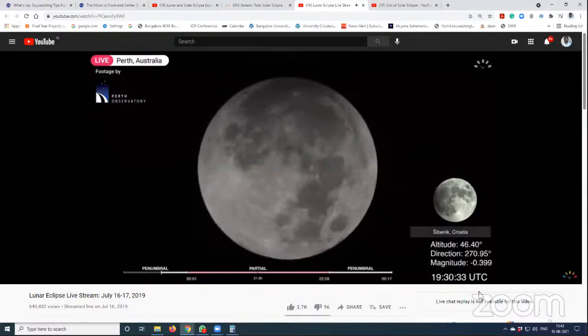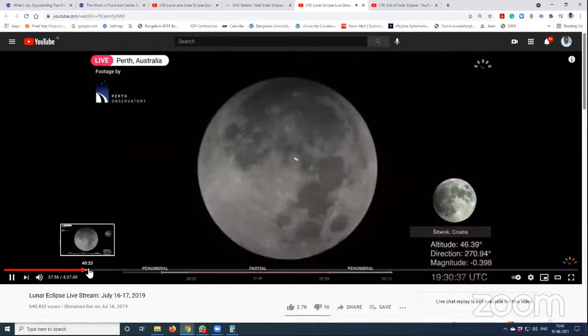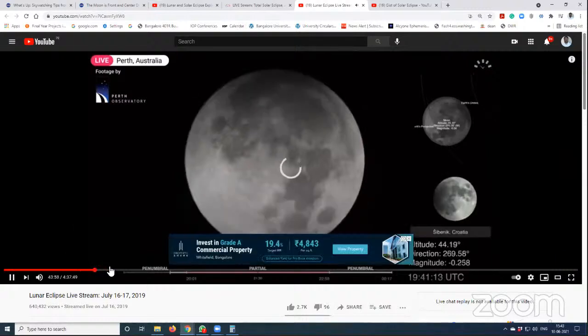Direction is about 270 degrees, magnitude is about 0.4, minus 0.4. This is from Australia, they are showing.